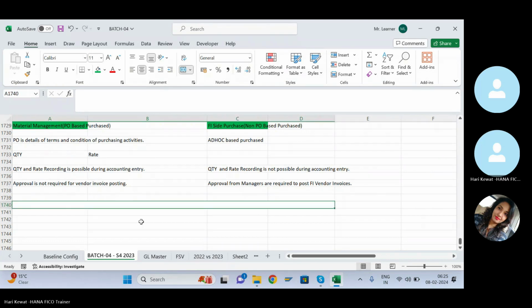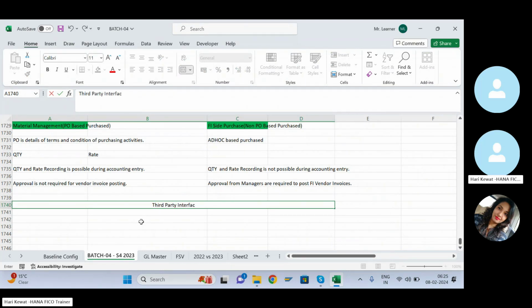So third party interfaces, as a consultant you should know, let's say Ariba. You do the invoice booking in Ariba. Ariba is another SAP tool.